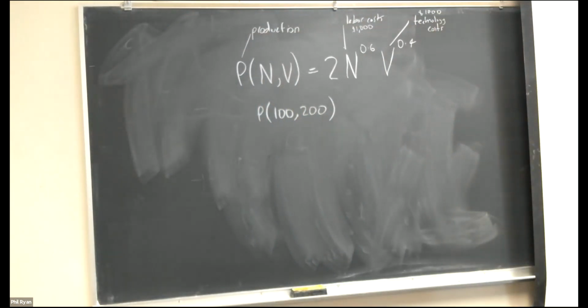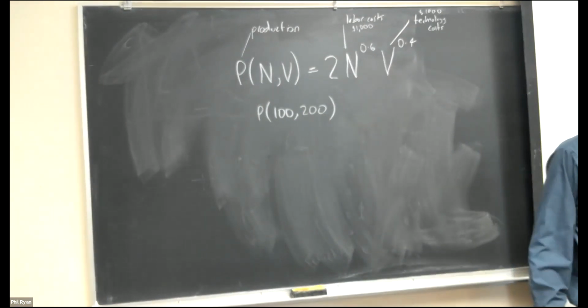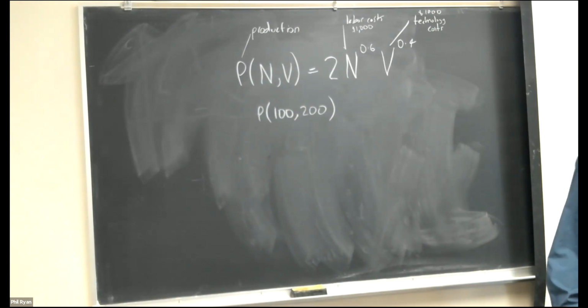Okay, and so you can just plug those numbers in and you'll get how much you produce. Okay. What do the partial derivatives tell us?